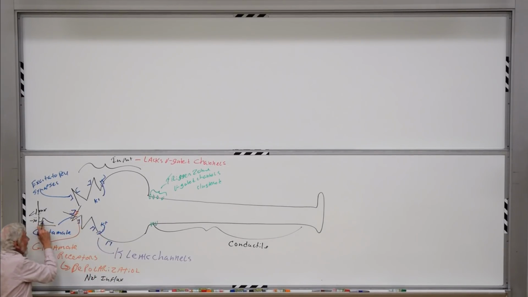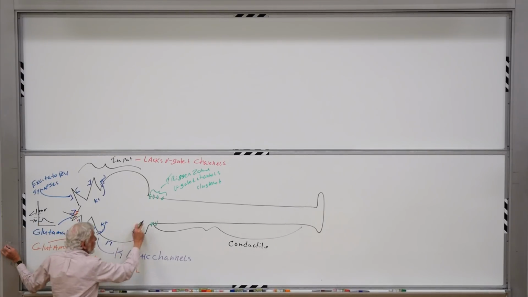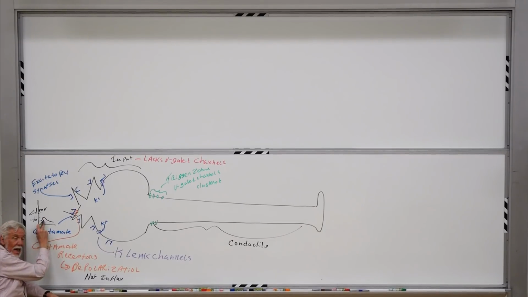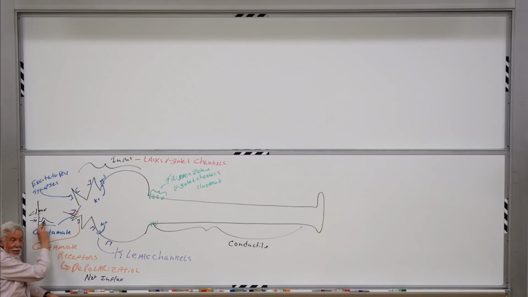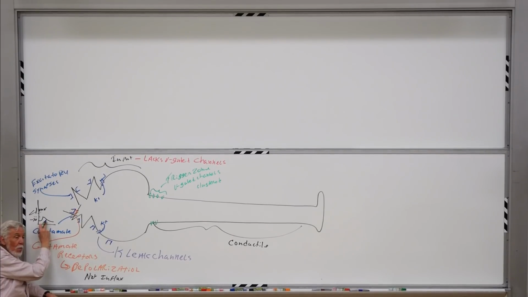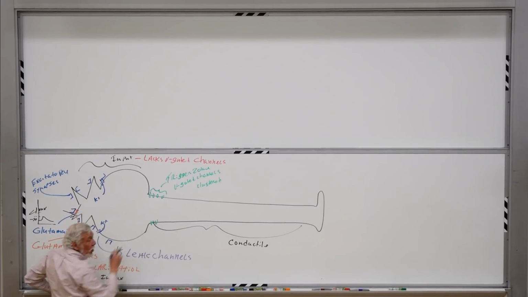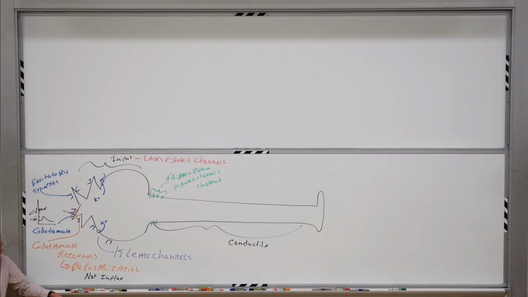So what does that tell you about the amplitude of this potential as it moves toward the trigger zone? If the positive charge is leaking out, what's going to happen to the amplitude? It's going to get smaller. It's going to decay. Because what we're really measuring with this depolarization is the number of positive charges, and that number is going to become fewer and fewer as they leak across the membrane as they approach the trigger zone.